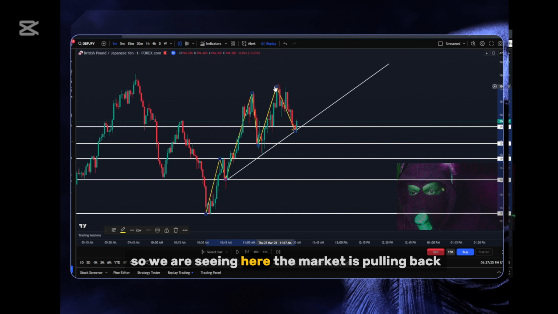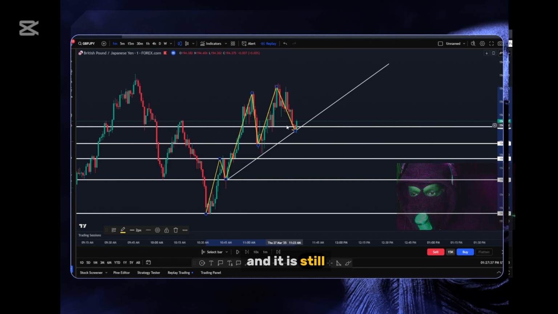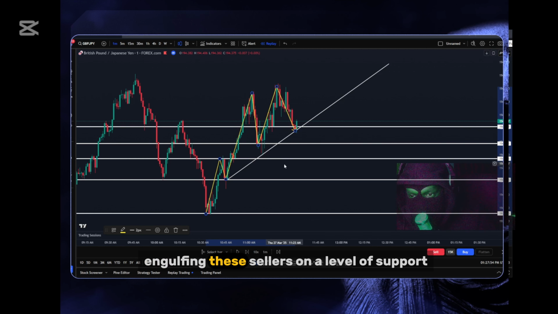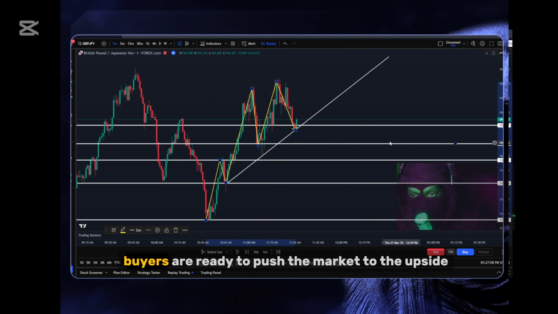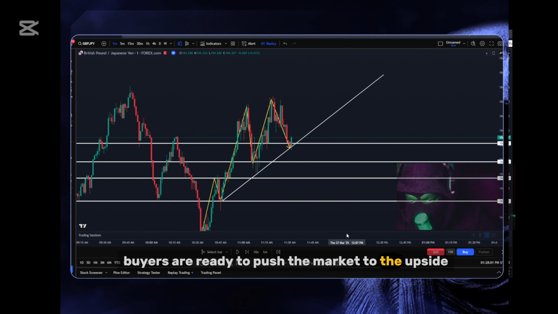So we're seeing here the market is pulling back and it is still respecting the previous levels of support, and it is giving us an engulfing candle. So that is our price action. These buyers are engulfing these sellers on a level of support, meaning buyers are ready to push the market to the upside.